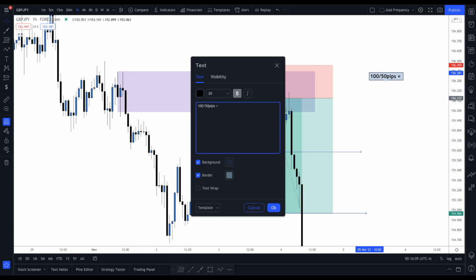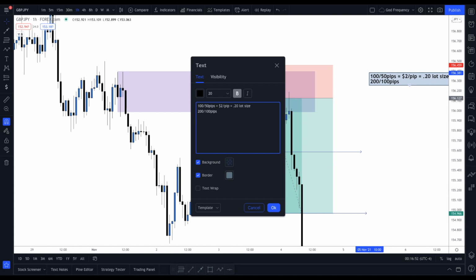That will equal $2 per pip, right? So $2 per pip would be equivalent to a 0.20 lot size. Now if you are going to do TP2, that's $200 divided by 100 pips, because 100 pips is TP2.